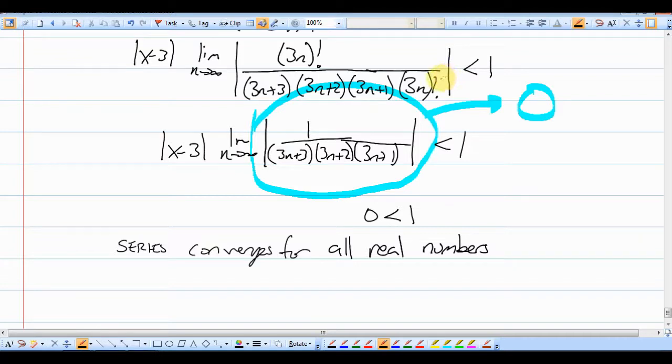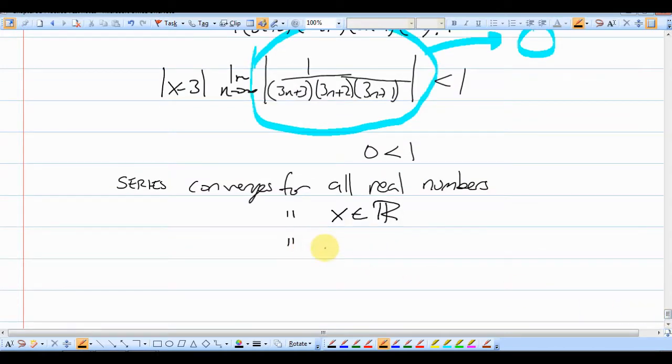I had to simplify that enough until it got to 3n factorial. Converges for all real numbers, or you could write x is an element of the set of real numbers, or negative infinity less than x less than infinity. All three of these would be marked the same.